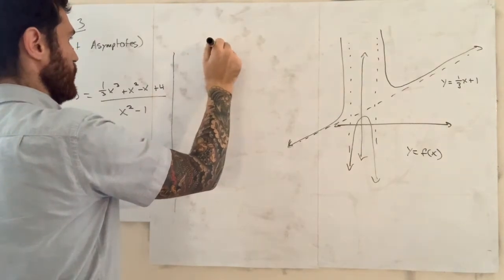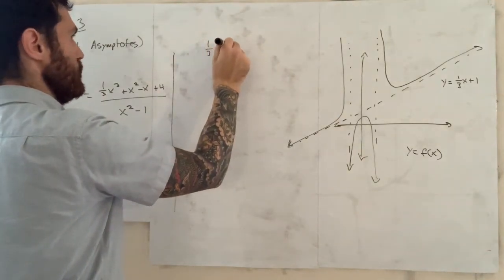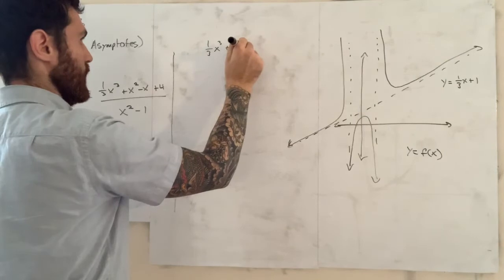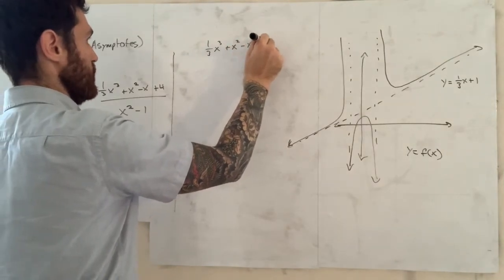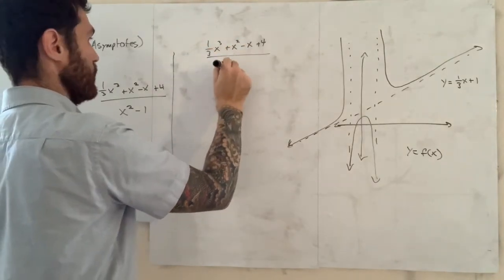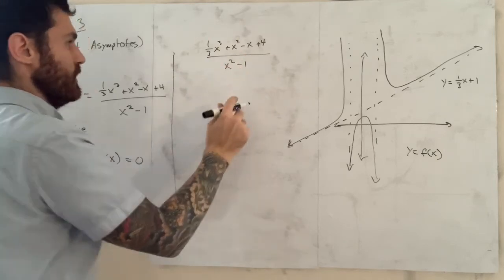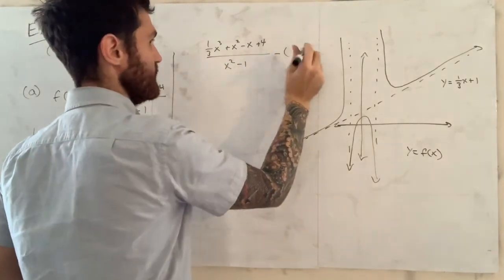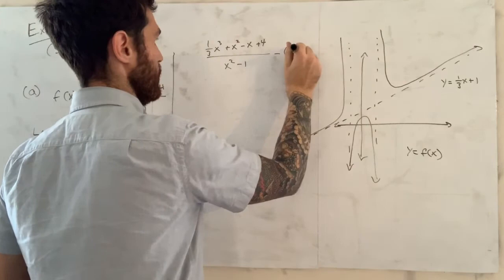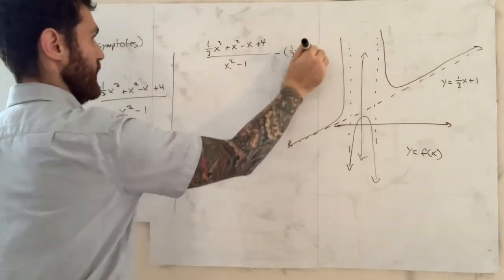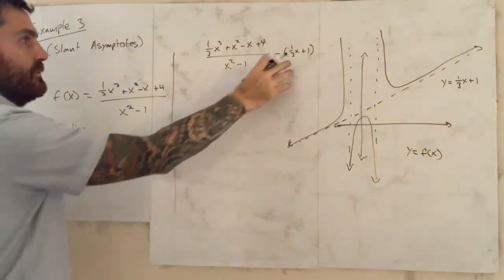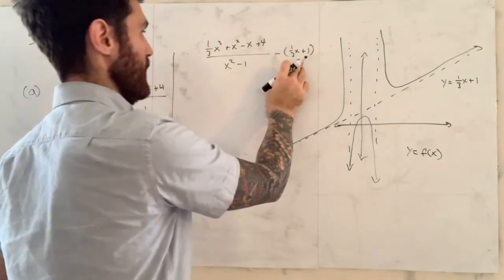If we have (1/3 x cubed plus x squared minus x plus 4) over (x squared minus 1), and you subtract the line 1/3 x plus 1 from this, well, if I want to combine them, I have to give this a common denominator.